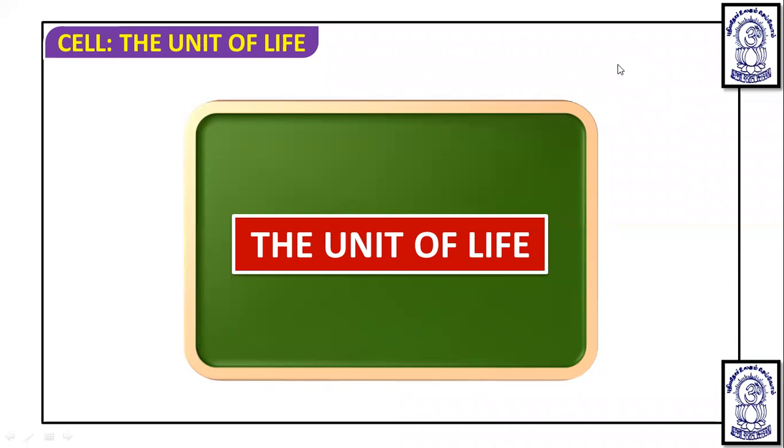Dear students, we are in continuation of the chapter The Cell: The Unit of Life. And we know it is the basic structural and functional unit of life. In previous lectures, we have already discussed the introduction, overview, and the cell theory, then the difference between prokaryotic and eukaryotic cells in detail, and we have also studied the cell membrane.